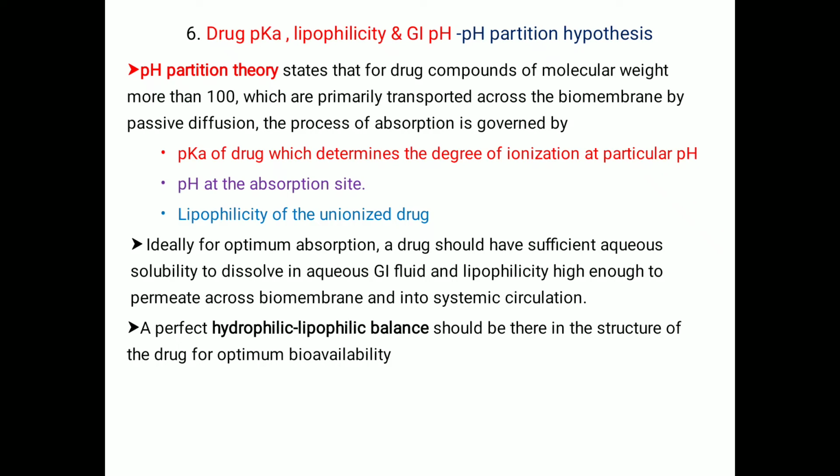Ideally, for optimum absorption, drugs should have sufficient aqueous solubility to dissolve in aqueous GI fluid, and lipophilicity high enough to permeate across the biomembrane and into the systemic circulation. So, the next sentence is very important: a perfect hydrophilic-lipophilic balance should be there in the structure of the drug for optimum bioavailability.